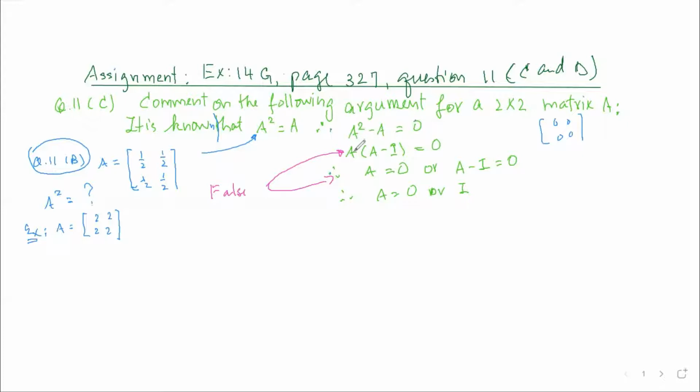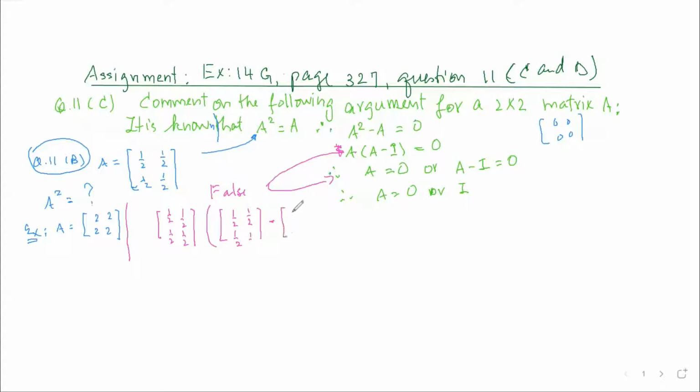Even if you replace A here, for example from this step, you test matrix A equal to 1 over 2, 1 over 2, 1 over 2, 1 over 2. The whole thing times matrix A, 1 over 2, 1 over 2 again, and then you minus the identity.